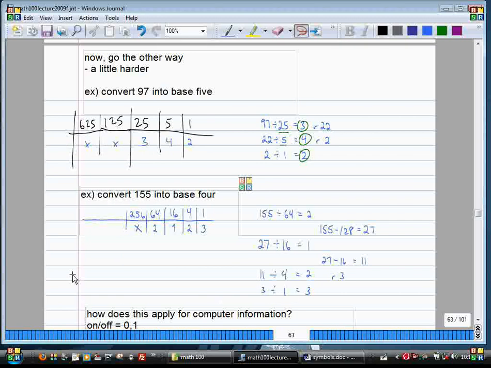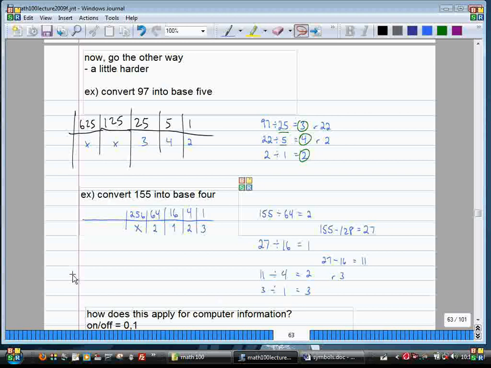Well, what do we know about a system that contains only zeros and ones? What system is that the same as? That's base 2. So that is exactly, in effect, the system that computers work on. Computers work in base 2.